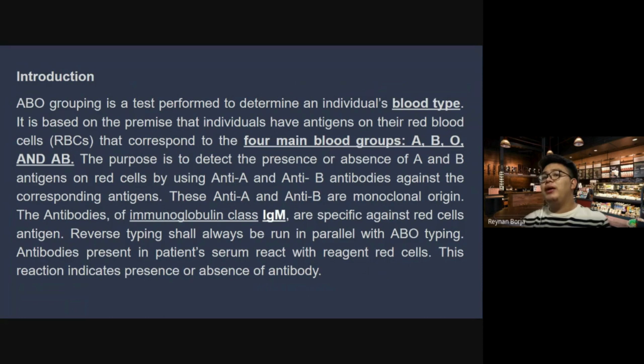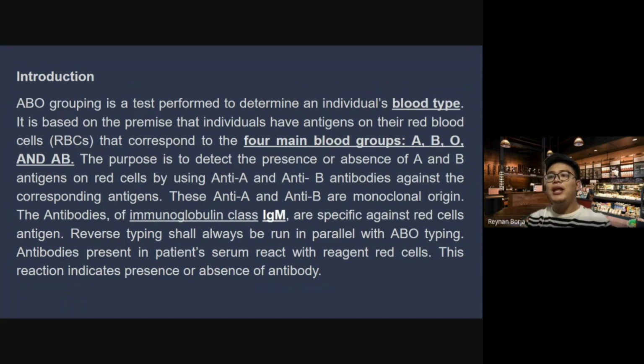Okay? Antibodies present in patient's serum or plasma react with reagent red cells or our known cells, known A1 and known B cells. Okay? This reaction indicates the presence or absence of antibody. So, yung reverse typing na sinabi dito sa introduction is para siyang quality check na din kung tama ba yung ABO typing mo.